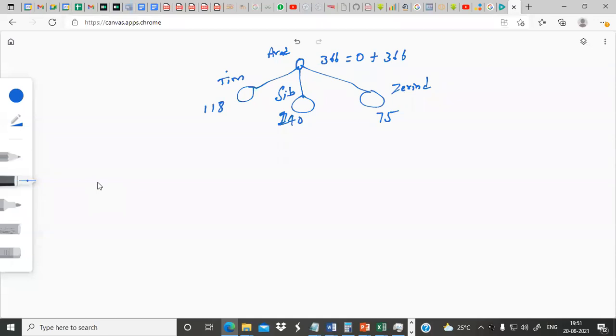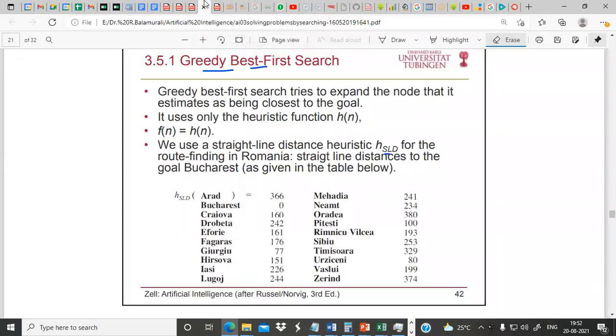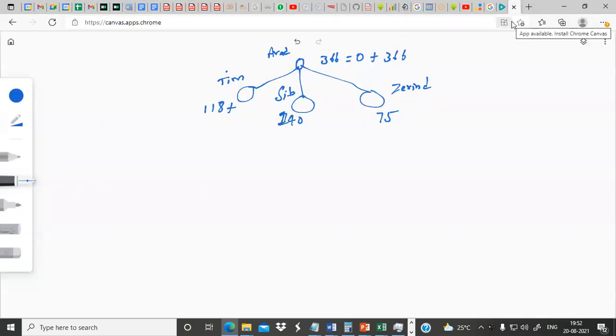So this is g of n for Timisoara. And what is the h of n for Timisoara? That is the estimated cost of reaching from Timisoara to Bucharest. So it is 329. So 118 plus 329 will be the f of n value.